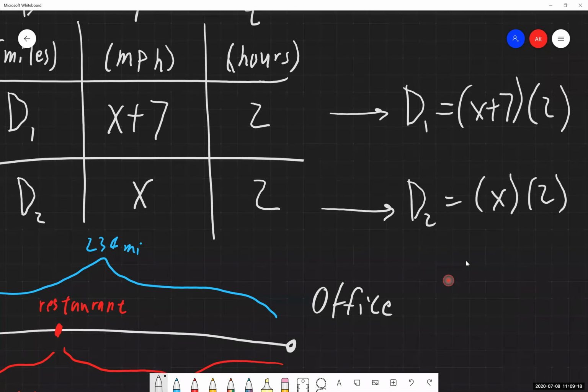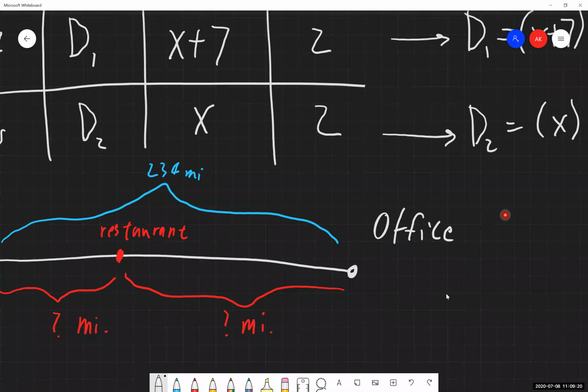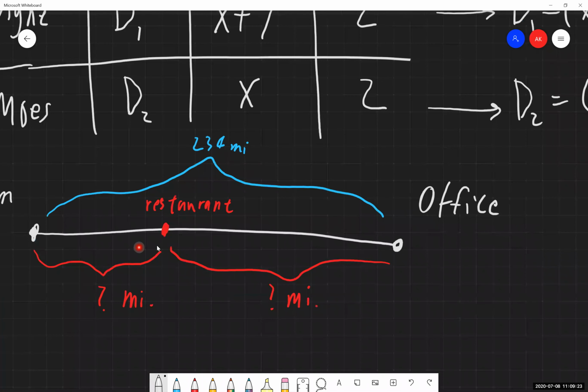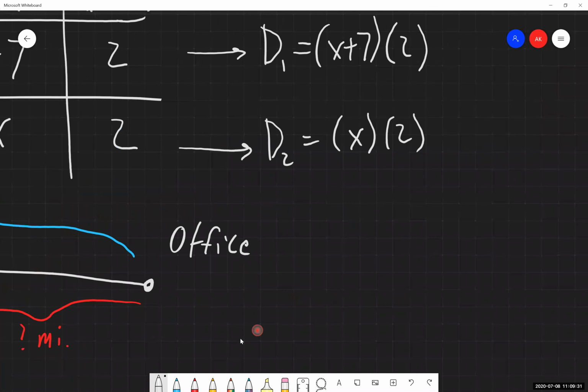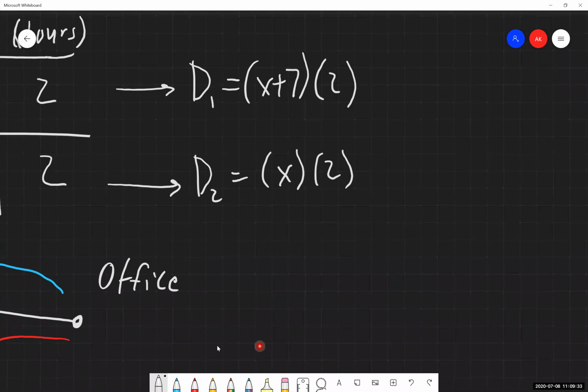So again, we know that the distance that they each traveled in some way, shape, or form is going to add up to being 234 miles. So we actually have another kind of hidden away formula in here. I'll put this just right below the one that we have here.